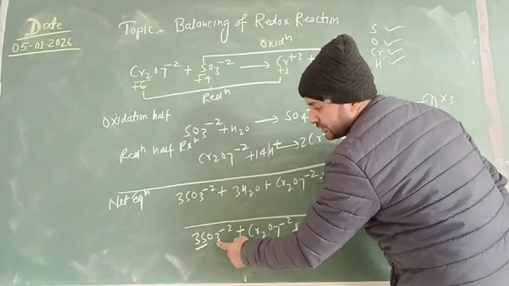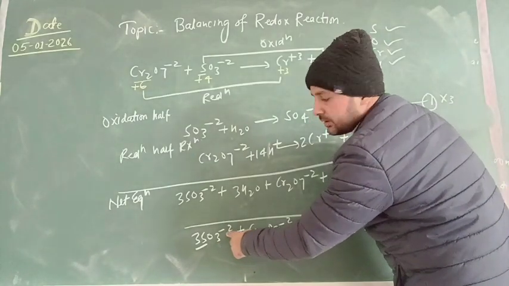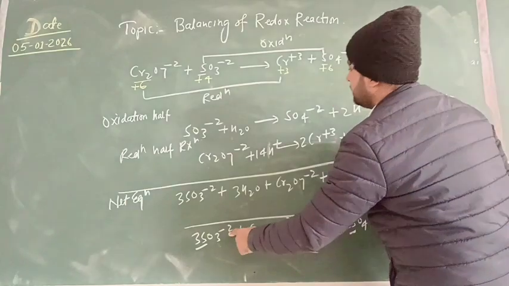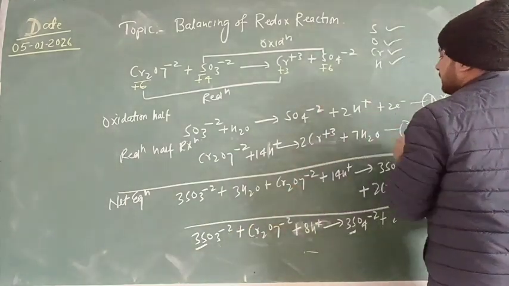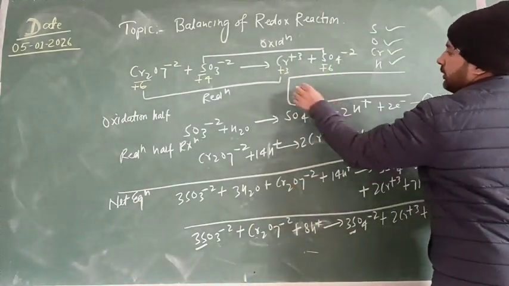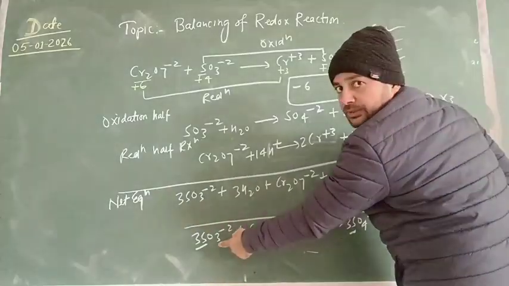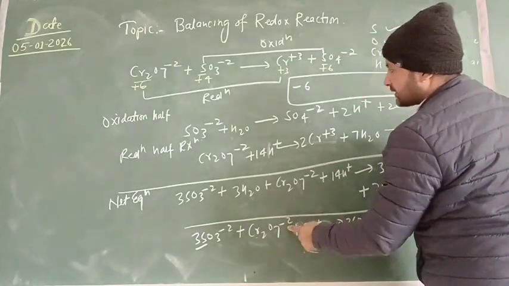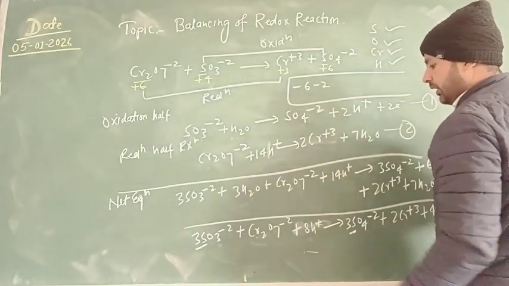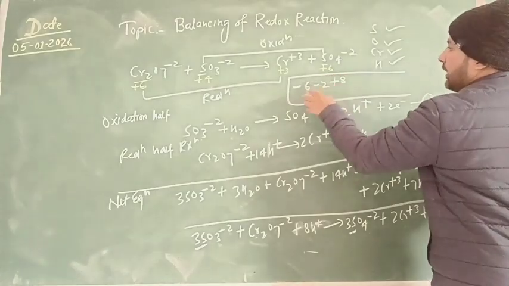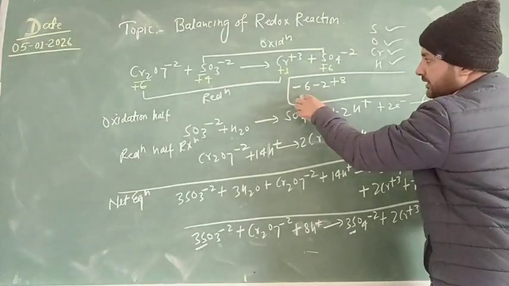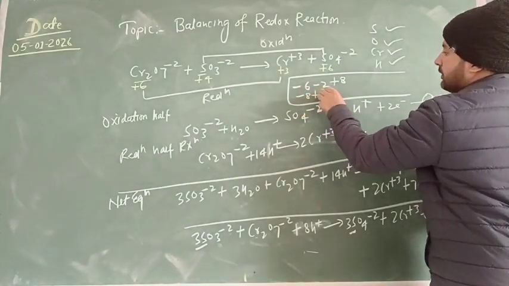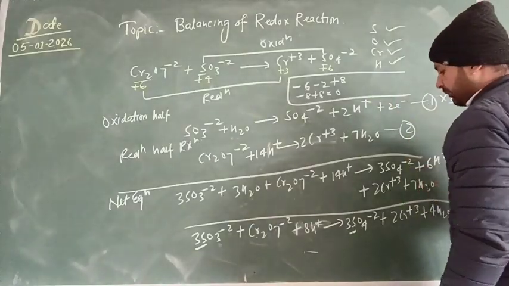So SO3 has minus 2 charge, but there are 3 SO3, so 3 twos are 6. Total charge, I can write here, minus 6 on the left hand side from this portion, minus 2, okay, plus 8. Minus 6 minus 2 is minus 8, minus 8 plus 8 will give 0.